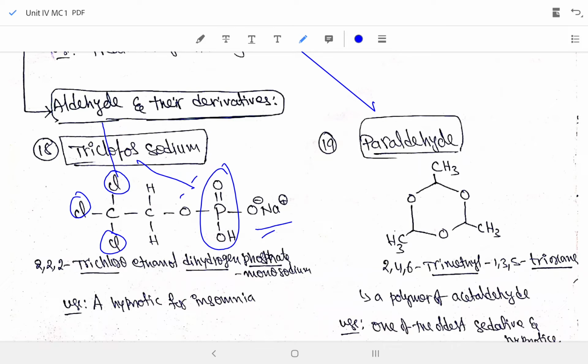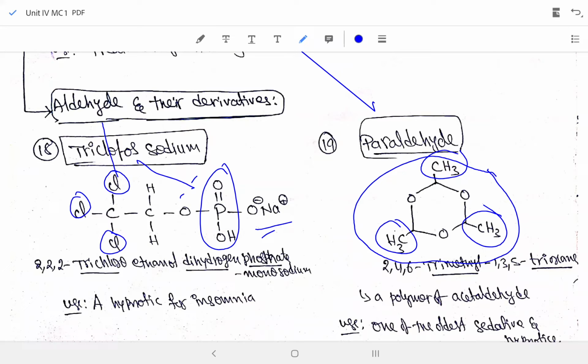Okay, and see, this is the structure of triclofos sodium, which is very easy. And there is paraldehyde, it is like this: CH3, CH3, CH3. That means three aldehydes converted into a ring form to get the structure of paraldehyde.